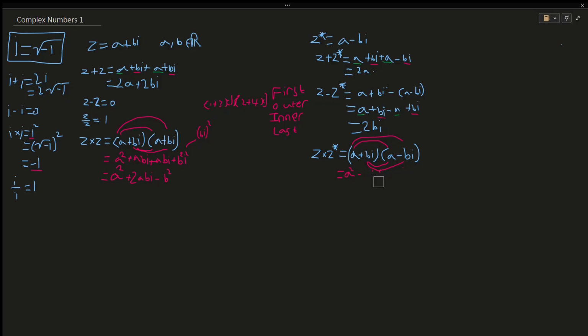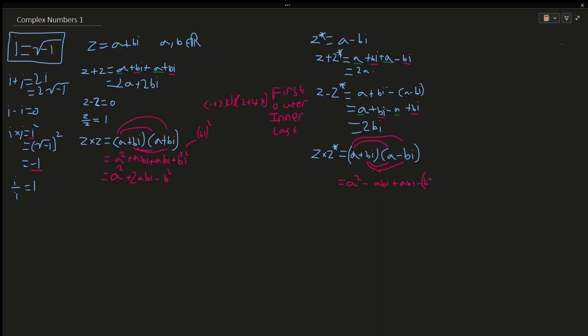Let me make this a bit lower. So yeah, a squared, abi should be minus, I'm going to change that. A squared minus abi plus abi, and positive bi times negative bi gives us minus b.